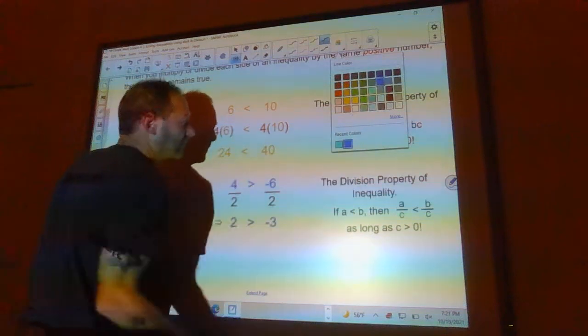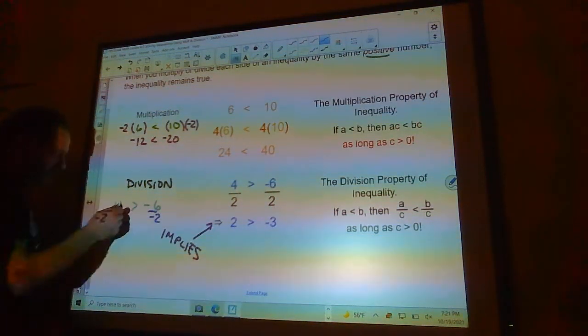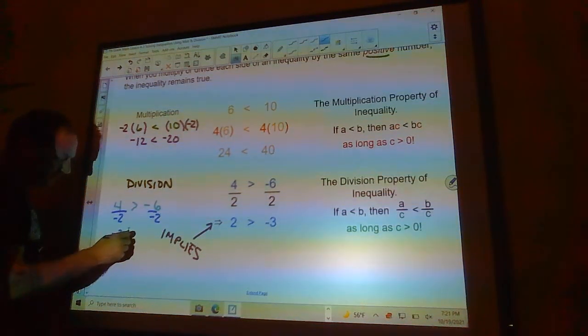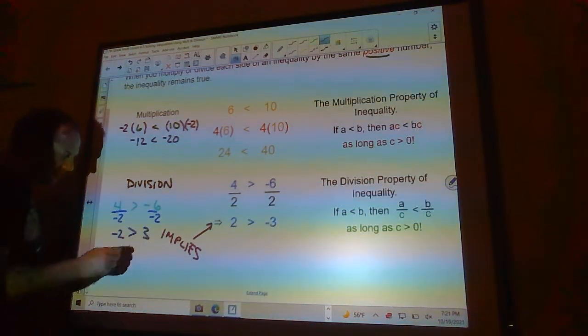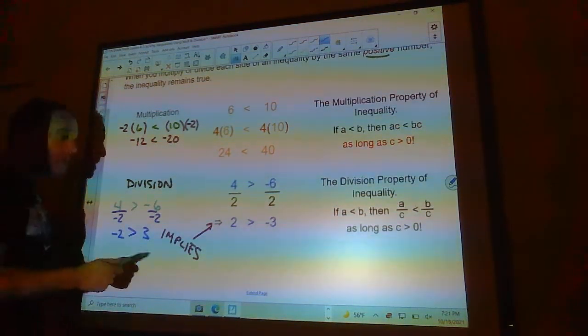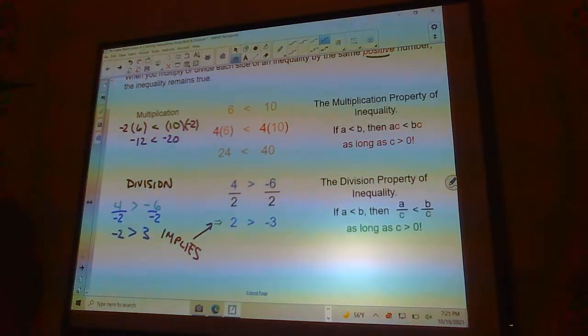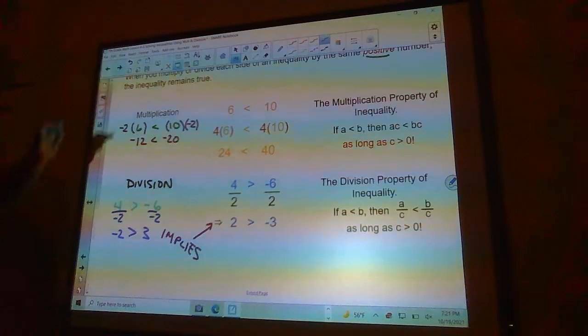Oh, let's use a dark blue. So I divide by negative 2 instead of positive 2. Well, then I get negative 2 over here is greater than 3. Well, I know that's not true. So again, C has got to be greater than 0. Okay? So there you go.